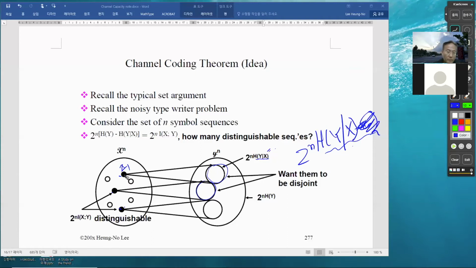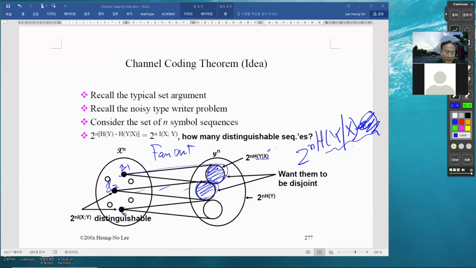So for each input, we have a fan out of outputs, and the output belongs to within this set with a probability very close to 1. Sending x2, the output belongs to the fan out of this x2.